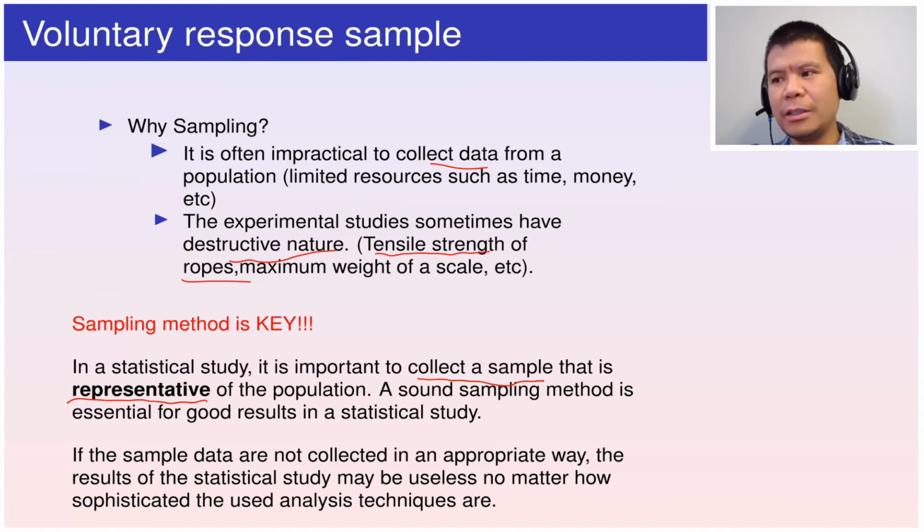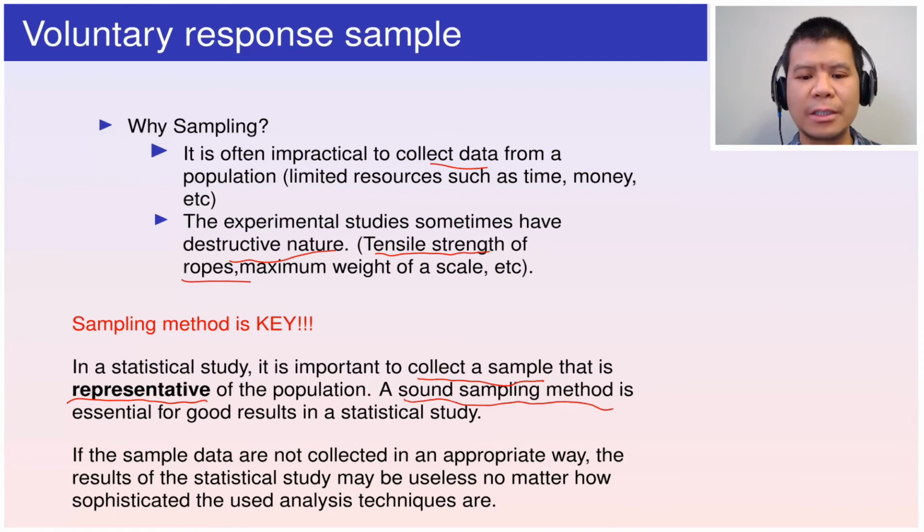In order to do so, you have to have a sound sampling method. A sound sampling method is essential for good results in a statistical study. This is very important.